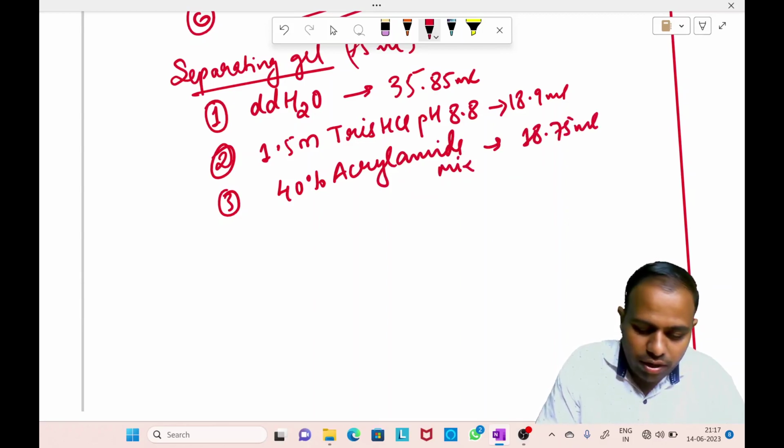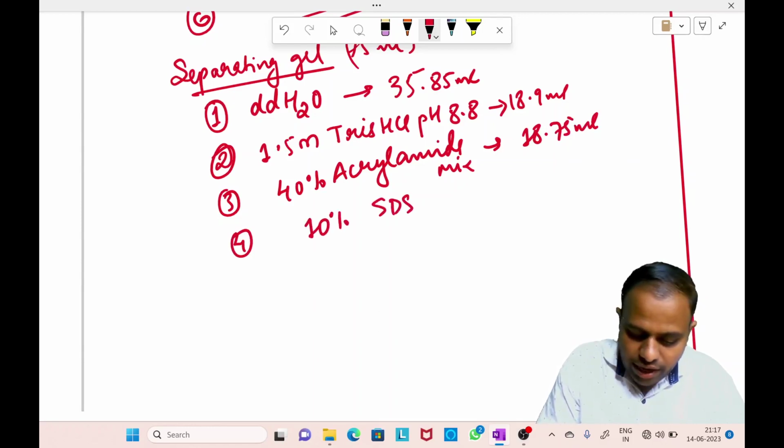You have to note that the concentration of this is higher here. Then 10% SDS, you have to add 0.75 ml. This is important as it gives the charge and it denatures the protein.